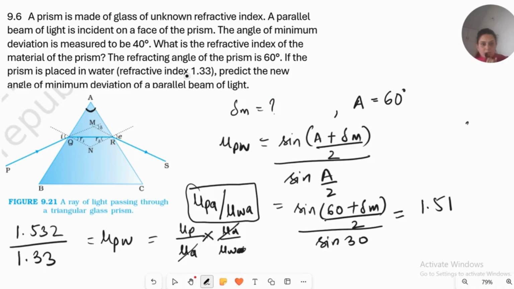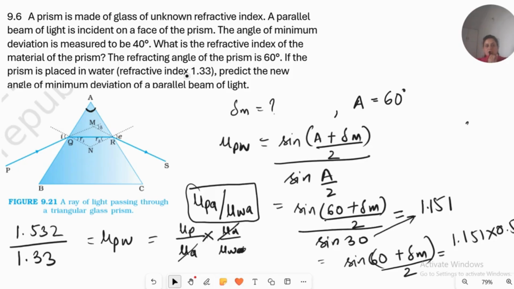Sorry, 1.151. And then I'll solve it again. Sine of (60 plus delta m) whole divided by 2 is equal to sine of 30, which is 0.5, times 1.151.